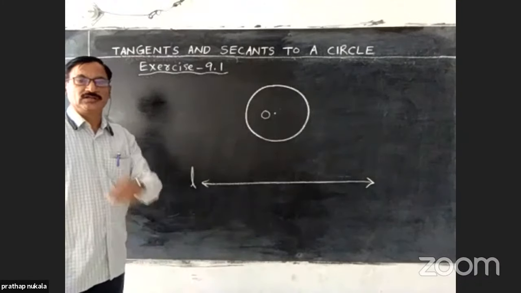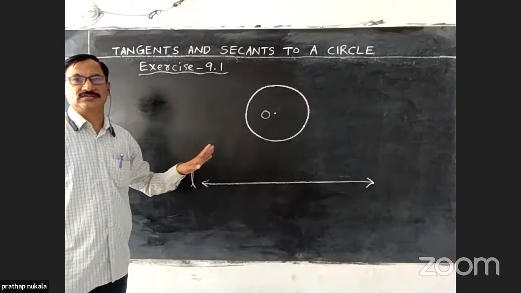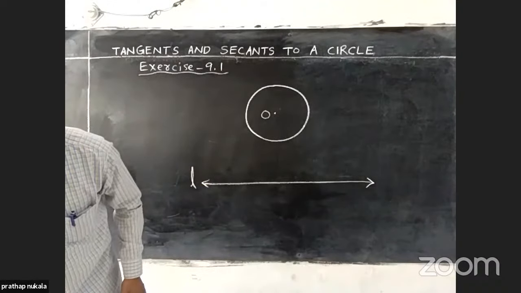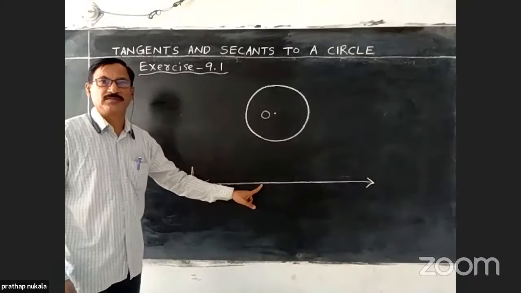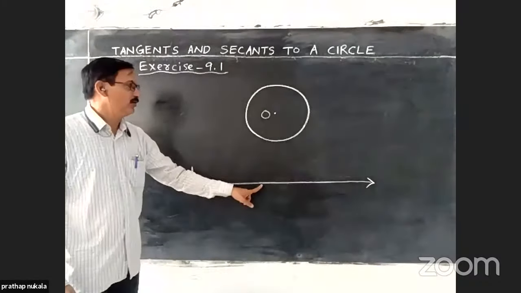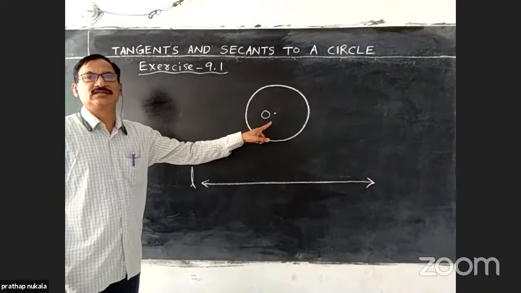Now we have to draw two lines parallel to this line L. One is a tangent and the other is a secant.